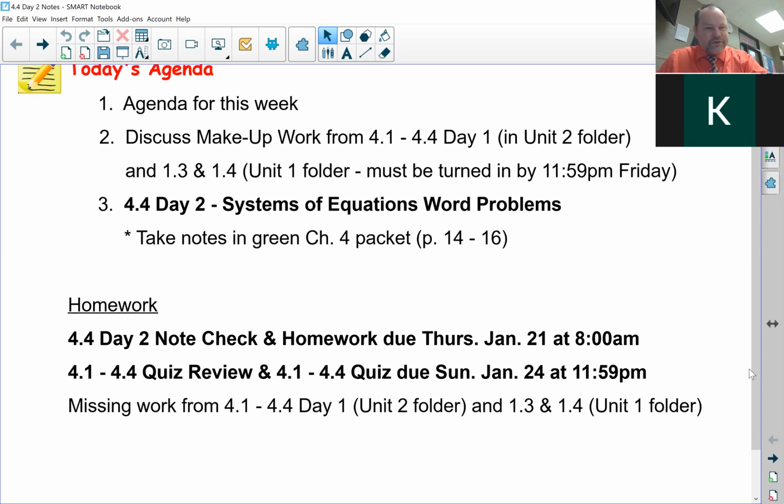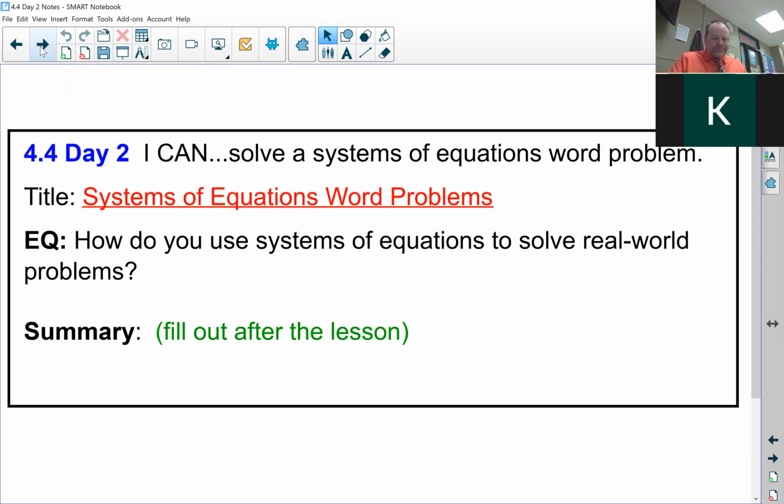Let's get on with homework and notes. So again, we're on page 14 in your green packet. We are going to solve word problems using systems of equations.